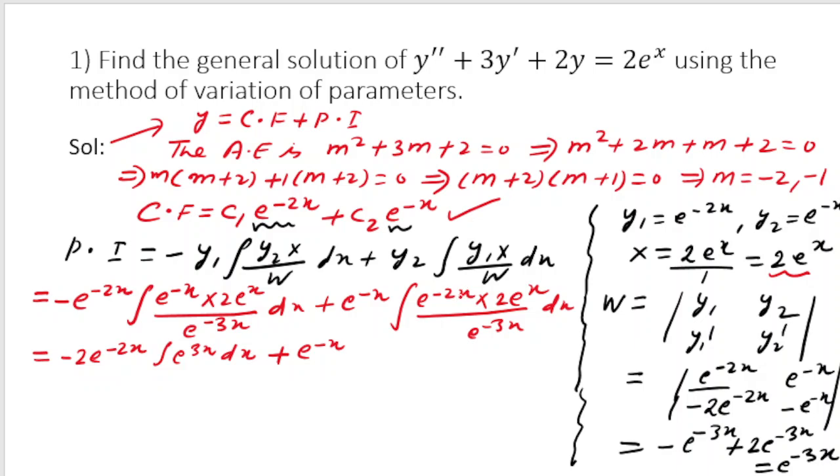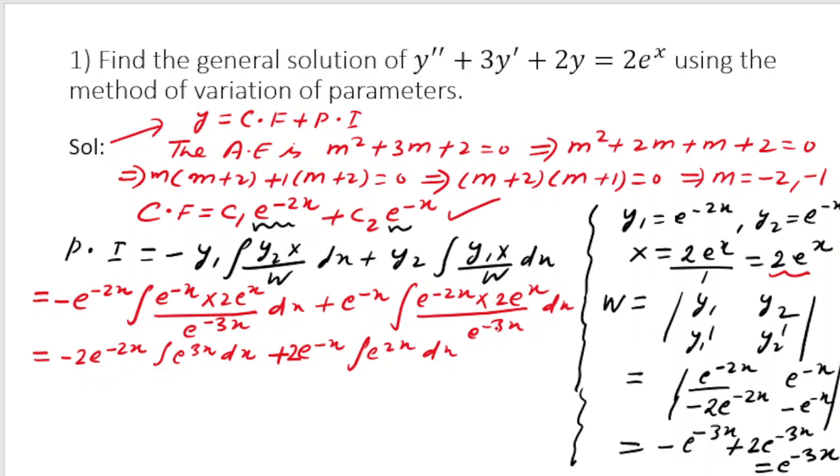So I will get e to the power minus x, and if I take this in the numerator, minus x and plus 3x, so it will be e to the power 2x dx. I hope you got it, and this 2 is also there, so that can be taken constant out. I hope you got it.